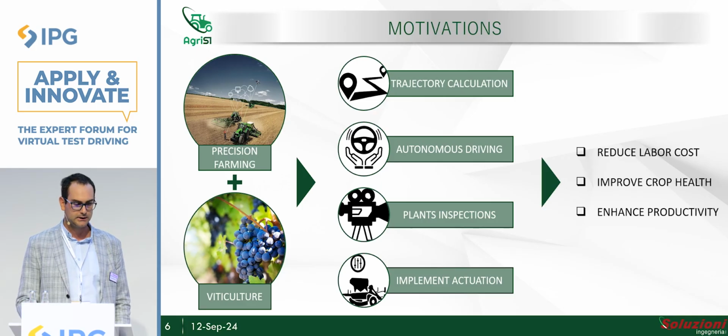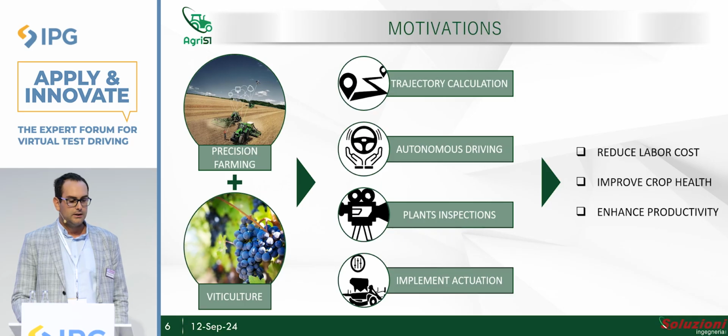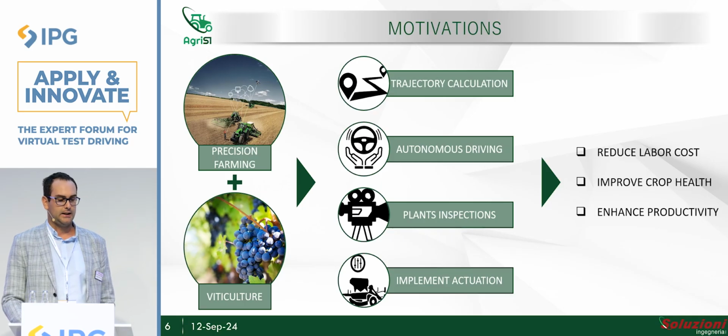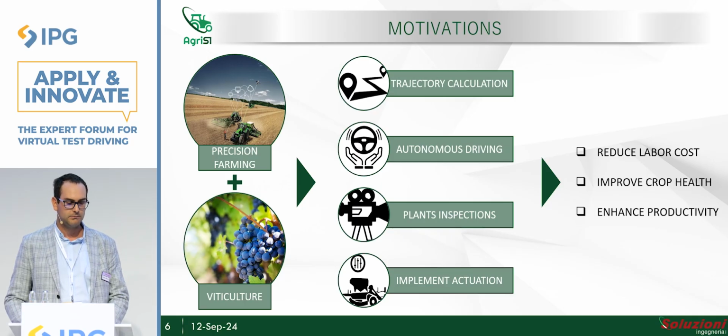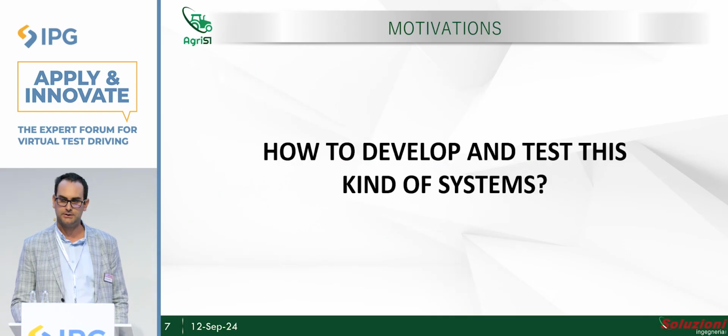All these systems aim to reduce labor cost, improve crop health, and enhance productivity. The question is, okay, there are very cool systems, but how to develop and test them?